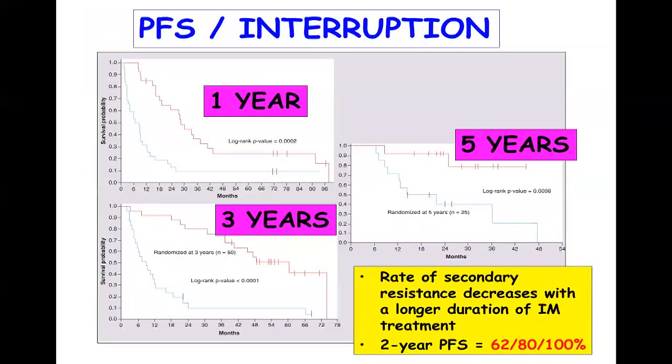And so the rate of secondary resistance decreases with a longer duration of imatinib treatment, because the 2-year PFS is 62, 80, and 100% in the interruption after 1 year, after 3 years, and after 5 years.